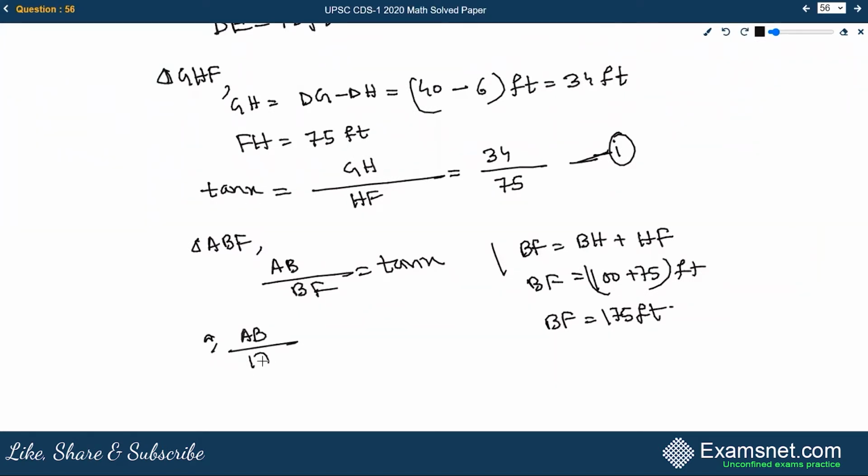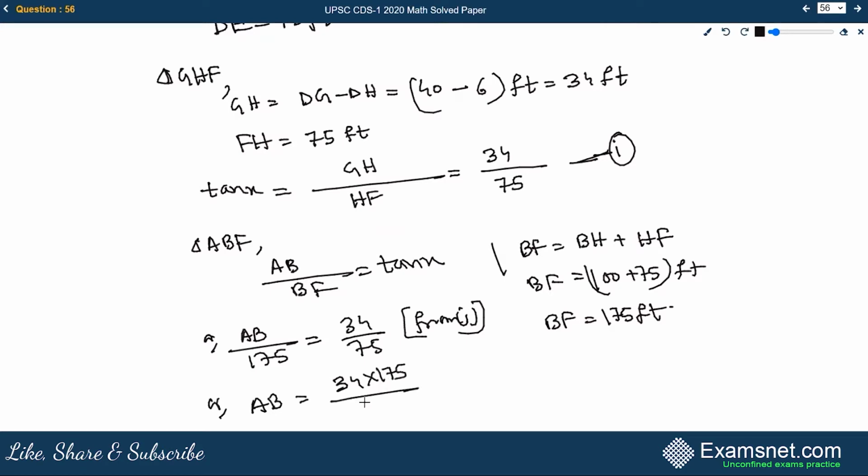AB by 175 equals tan x, that is 34 by 75, from equation 1. Now the value of AB is 34 multiplied by 175 by 75.